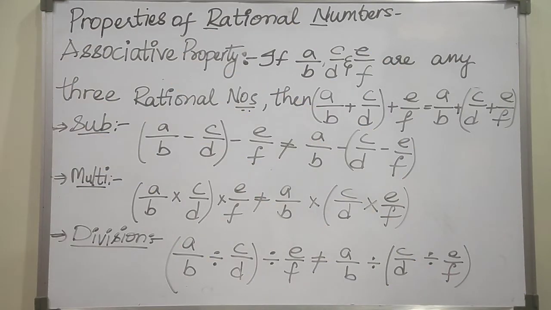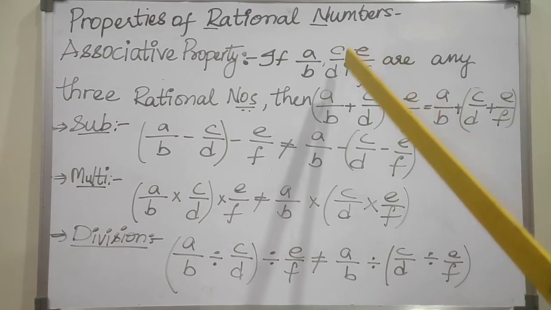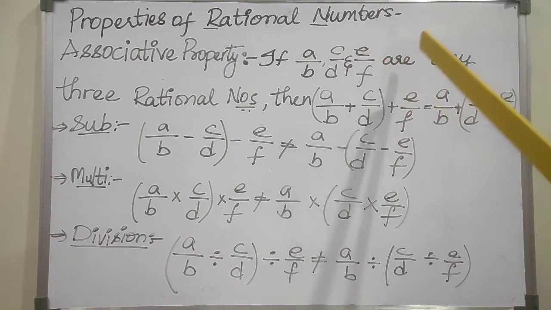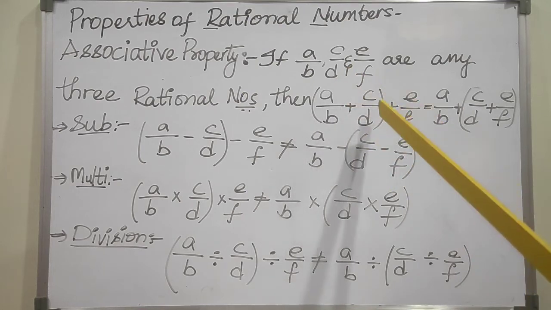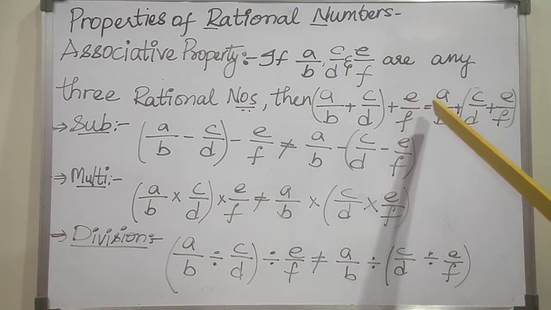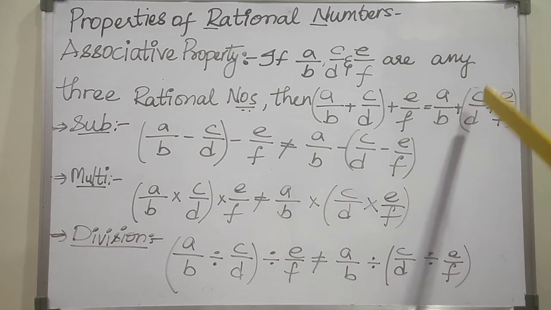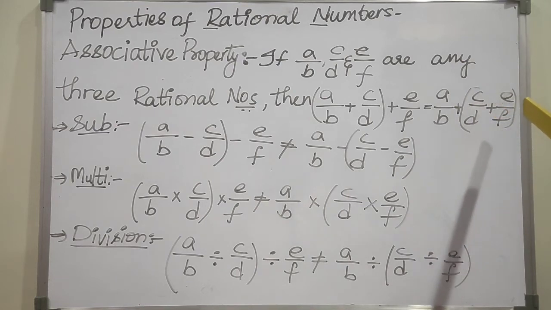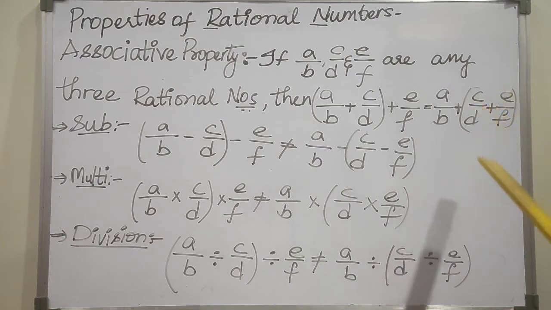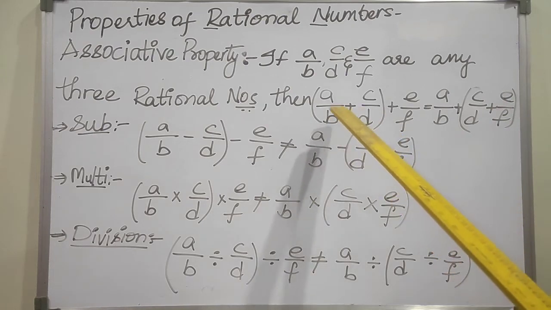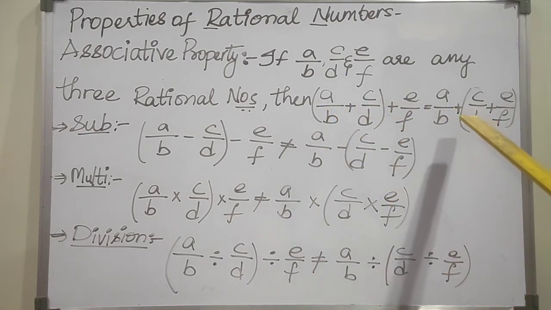So now the associative property. If A by B, C by D and E by F are any three rational numbers, then A by B plus C by D plus E by F is equal to A by B plus C by D plus E by F, with a different grouping. This is the rule of the associative property under the addition operation. In the associative property you mainly see the grouping of the rational numbers.